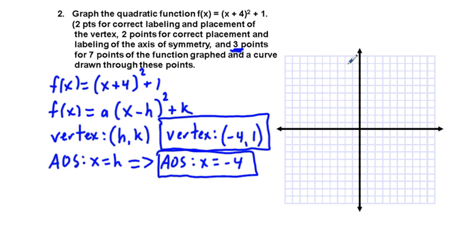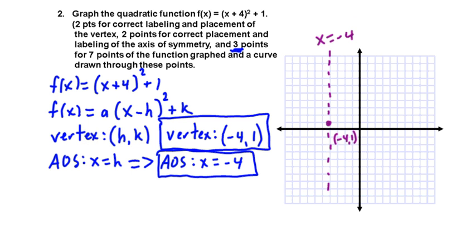So if we come over here to the vertex at -4, comma 1, we have that point, and then we have our axis of symmetry right here. So we'll say x equals -4.